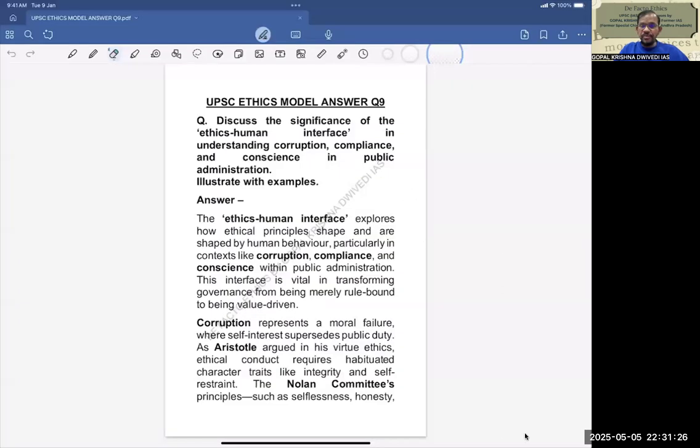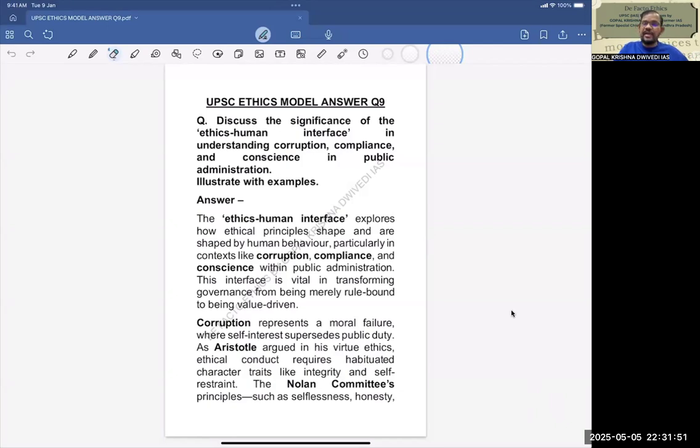See, yesterday's question was: discuss the significance of ethics human interface in understanding corruption, compliance, and conscience in public administration. Illustrate with examples. This question is based on the first topic of the ethics syllabus, ethics and human interface.